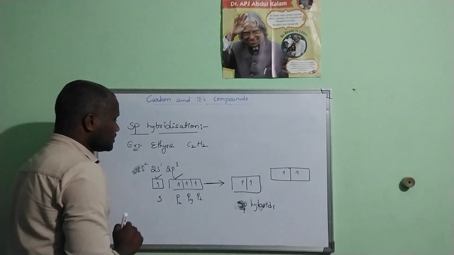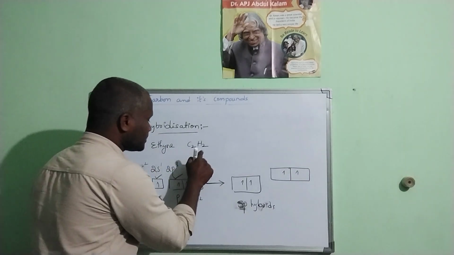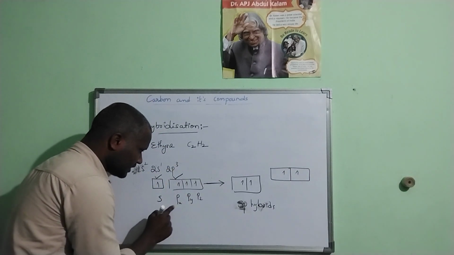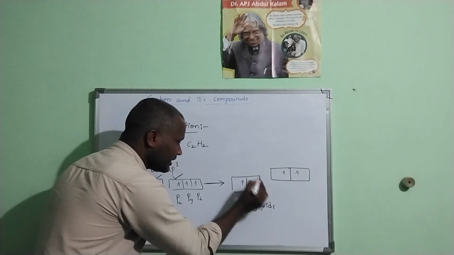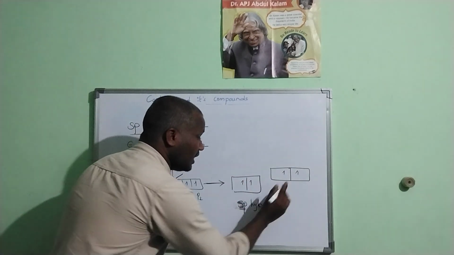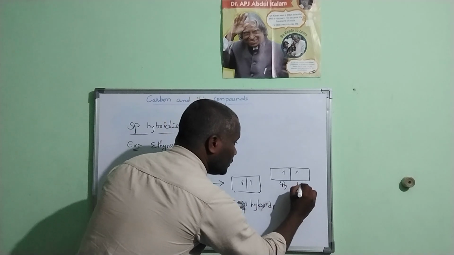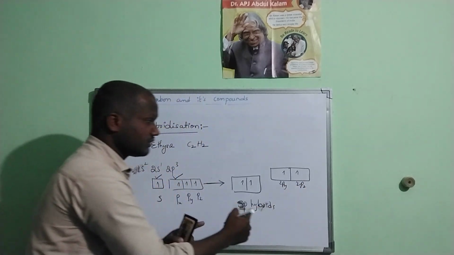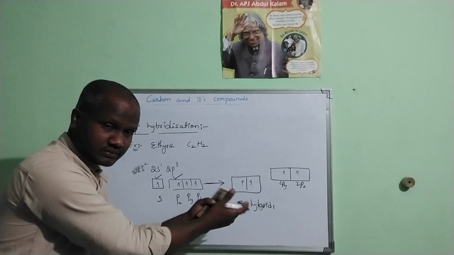So for sp hybridization, the example is ethyne, C2H2 is the chemical formula. Only the s orbital and one p orbital are involved in hybridization and form sp hybrids, and 2py and 2pz cannot be involved in the hybridization process.